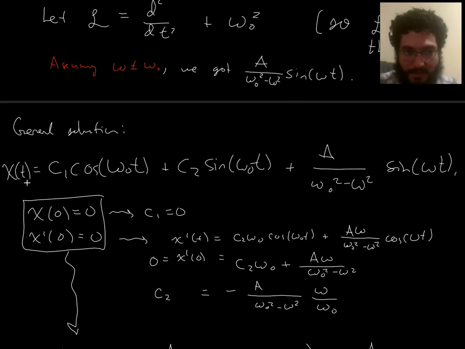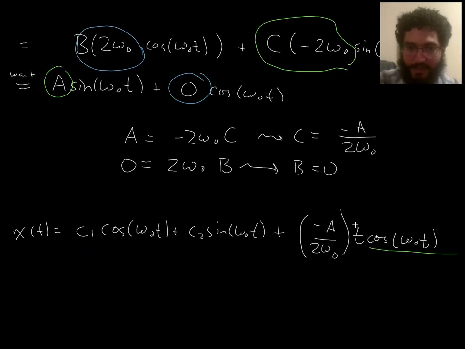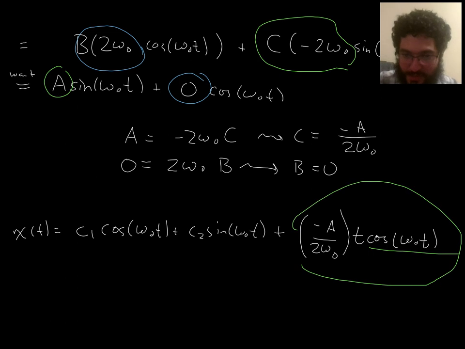This was our general solution back when we were assuming omega does not equal omega naught. So if you try to make omega very close to omega naught, then this is nonsense because you're dividing by 0. But apparently, when you try to force it, it still has a response, it still does something. What it does is this: a t pops up here, the sine becomes a cosine, and the thing in front becomes this. This is very interesting how that behaves.